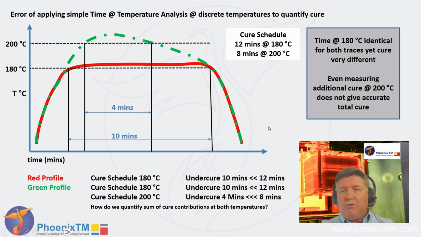This shows you the weakness of performing just time at temperature calculation in a temperature profile situation. We need to be able to look at all of the data on the profile trace and see what the combination of that data is to the total cure of that coating.